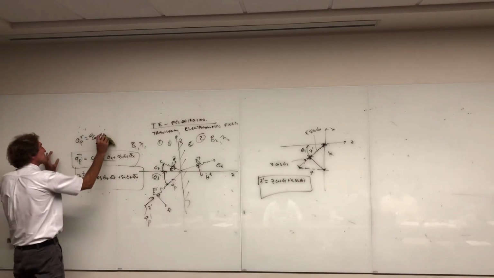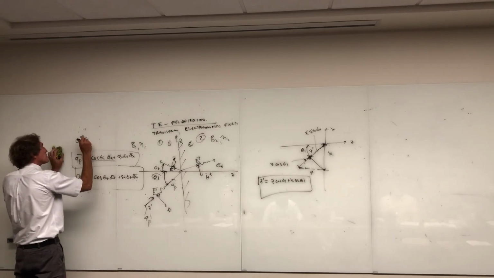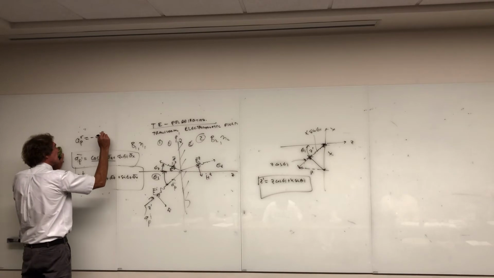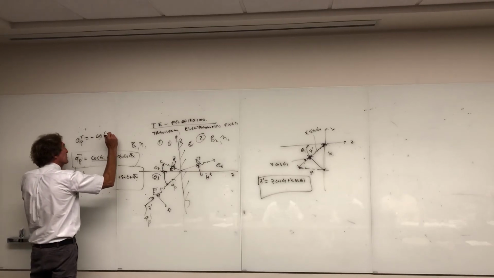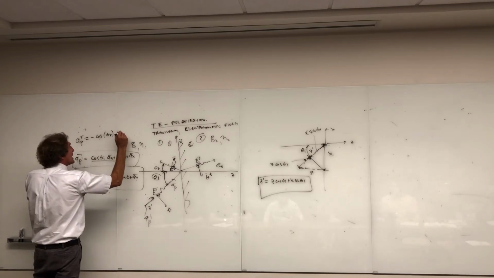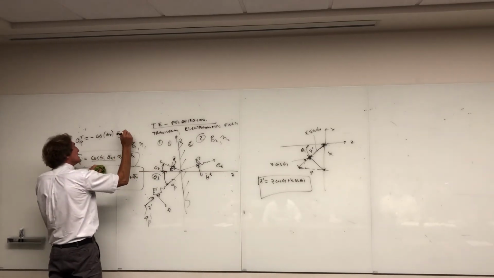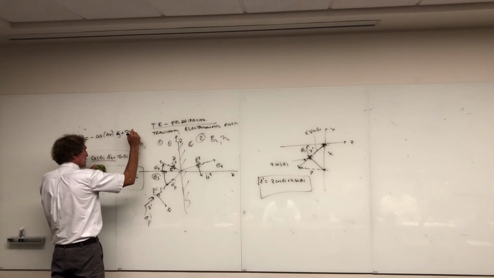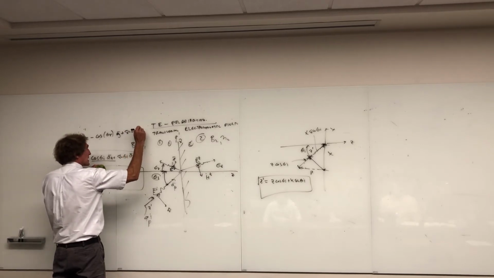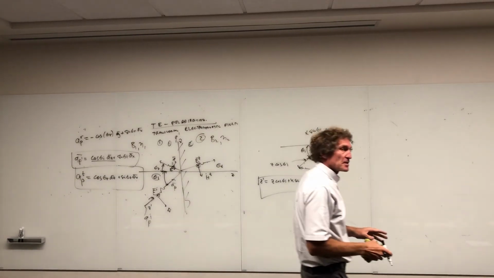So it's minus cosine of theta reflected AZ, and it will still be a positive component of X plus sine of theta reflected AX. So those are the formulas that I'm going to start using to describe these fields.